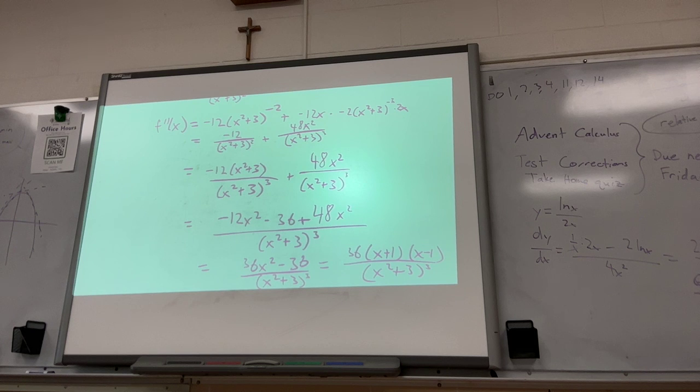There you go. And it took the entire time to find f double prime. Yeah, that was a heck of a second derivative. We'll stop there for today.